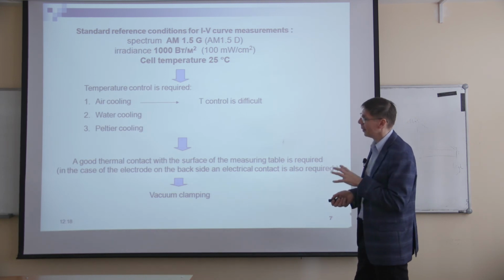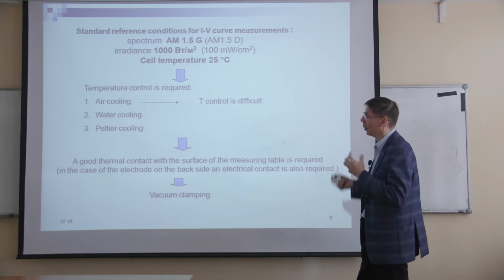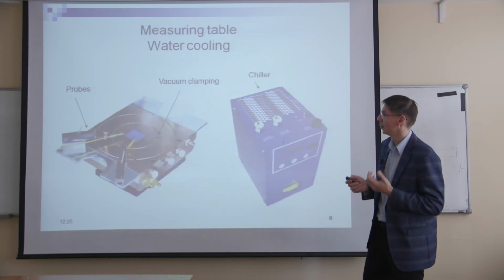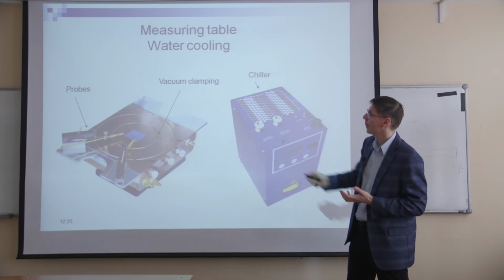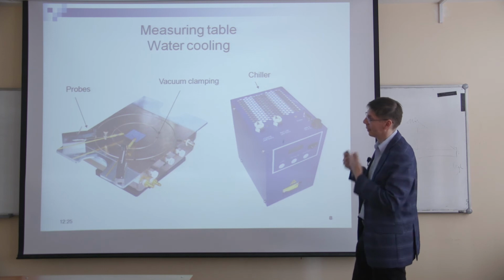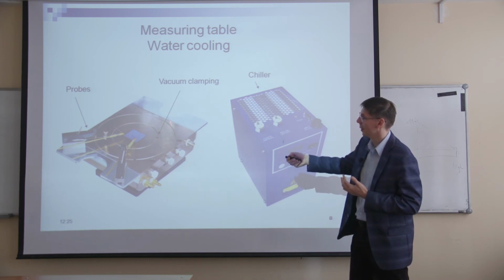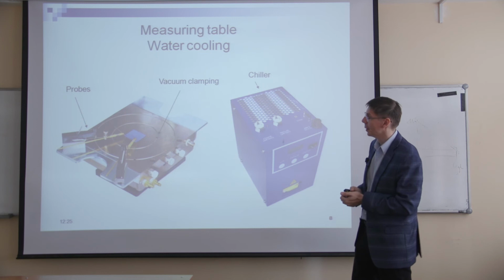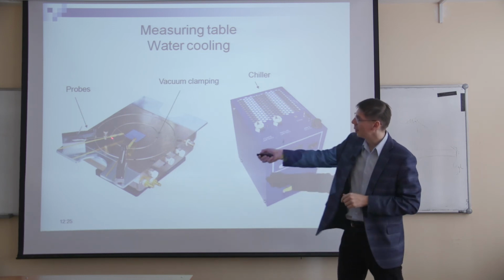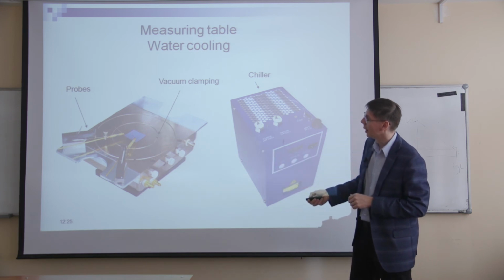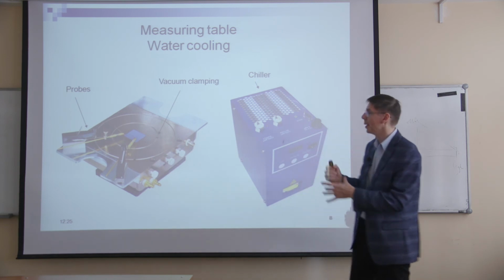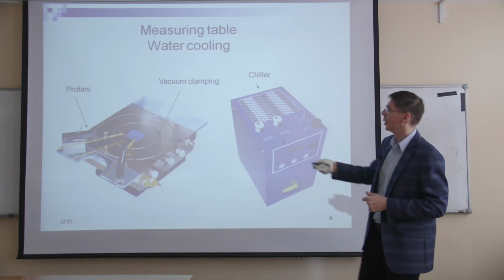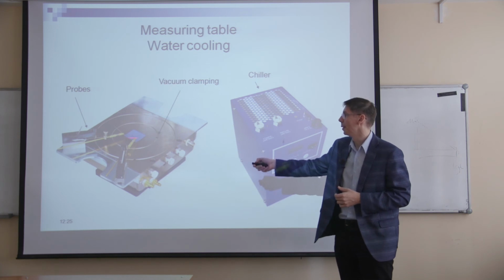For this reason, normally you have to think about vacuum clamping. Here is an example of how to realize it. We have a table which has a conductive plate, and actually it's a 4-terminal plate. I mean, there are two tips for the top contact, and you cannot see it, but there is another tip in the center which is isolated to connect to the back contact and this surface.